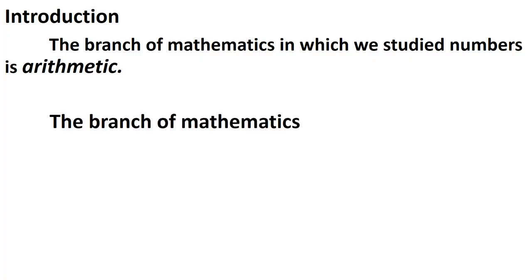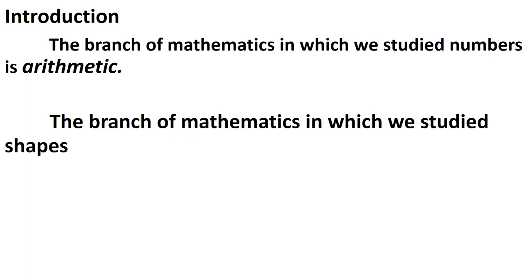The branch of mathematics in which we study shapes is geometry. This also you know, because you have learned many shapes in maths, and that branch of mathematics in which we study about shapes is known as geometry.